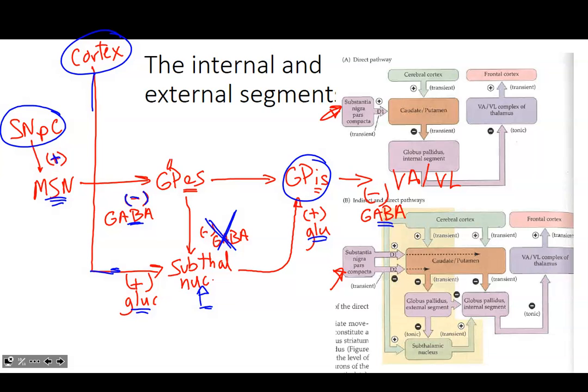Inhibition of the VA/VL complex of the thalamus inhibits motor output, because the VA/VL is inhibited, not much activity is going to flow toward the motor cortex. Okay, boy, that's plenty for one day.